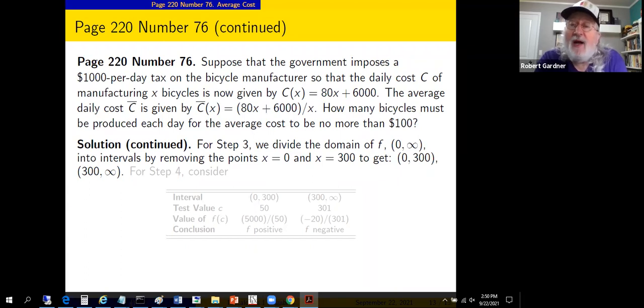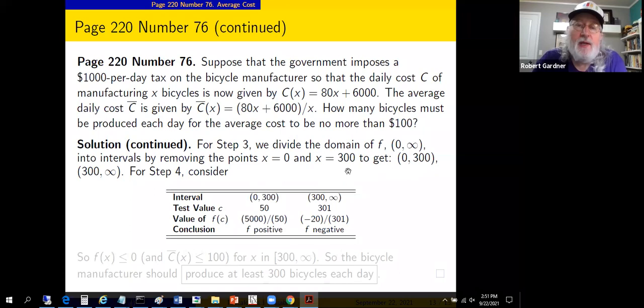Step 3 was to divide the domain of the function, in this case 0 to infinity, up by removing places where the denominator is 0, that's already done on the previous slide, and places where the function is 0. x equals 300, the function was 0. So we'll take 0 to infinity, remove 300. That's the only relevant point to be removed, and that just produces 2 intervals.